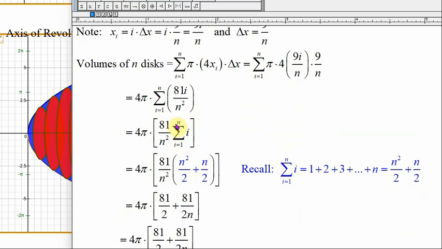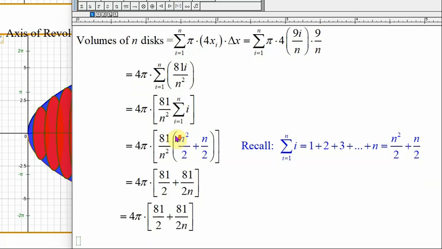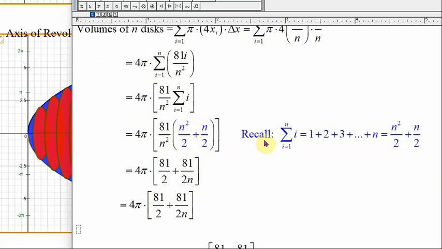The summation here is with respect to i, and therefore we can move the 81 over n squared and place it in front of the summation. Then recall that the sum of 1 plus 2 plus 3 all the way up to n is n squared over 2 plus n over 2.